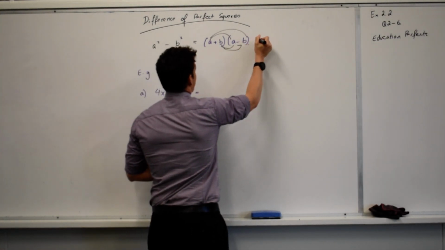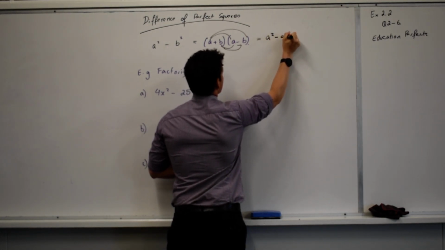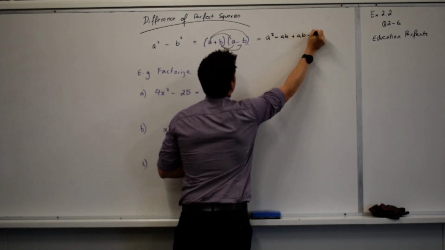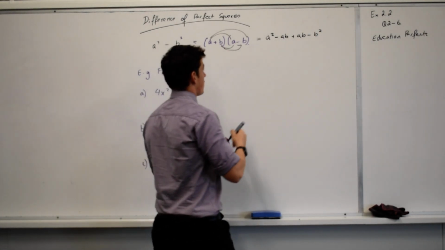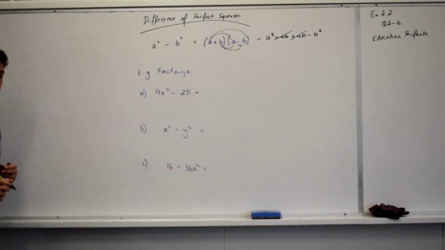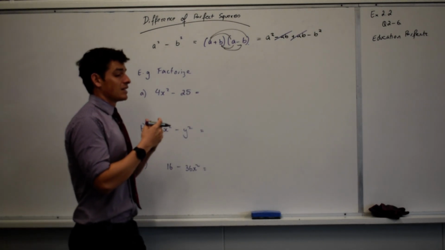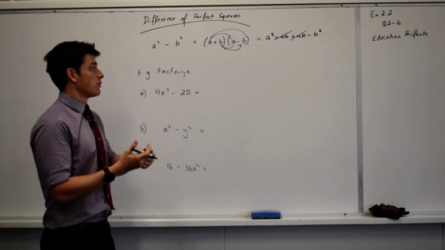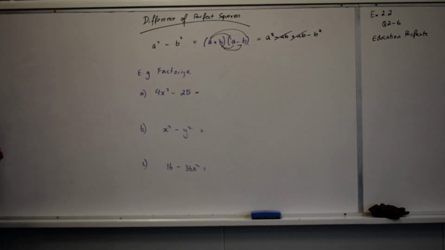So if I do this, I'll get a squared minus ab plus ab minus b squared. What's going to happen to the ab's? They're going to cancel out, and I'm going to be left with a squared minus b squared. Cool? So it's just the first number plus the second number, brackets, first number minus the second number. Cool?